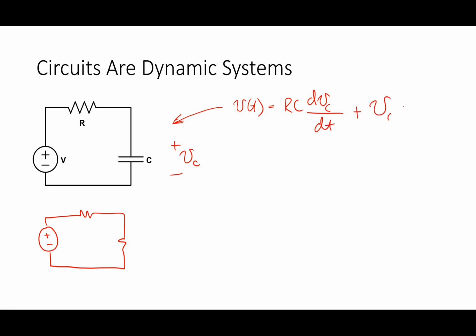We're not going to go through how we get to that differential equation. But basically, if I have an input V over here and I'm solving for the capacitor voltage, I would get this relationship right here, and I'd have to solve for what V sub C of t is.